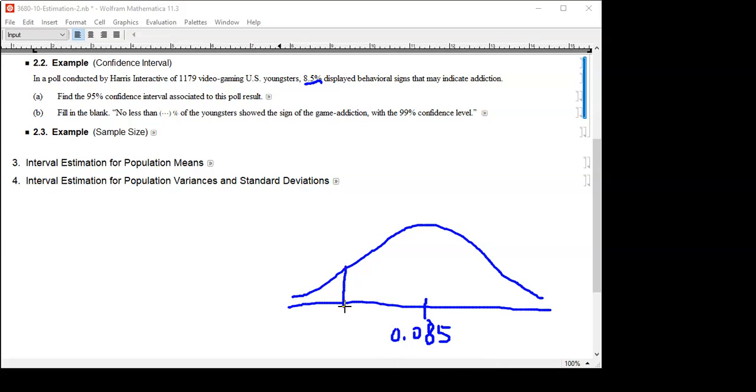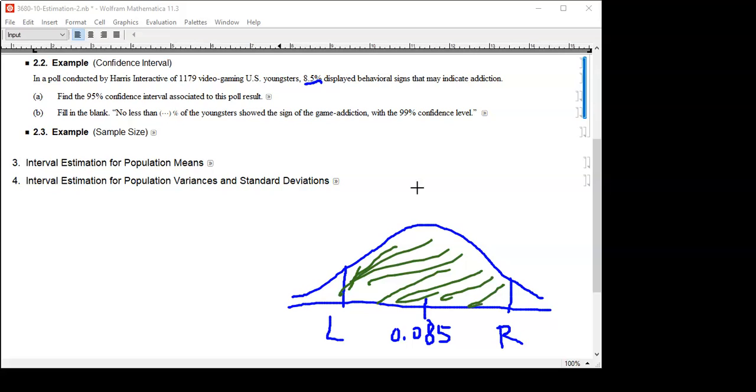And then we want confidence interval here, left-hand side endpoint, right-hand side endpoint, all right? And then as for the probability, 95% of chance that my interval estimate is correct, so it falls into this middle part. And consequently, the other 5% of the time, I'm going to fail.